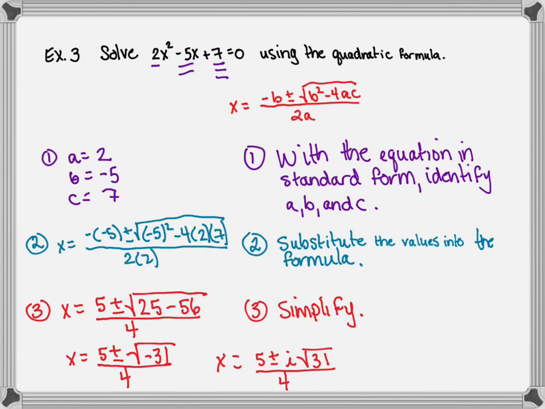We have 5 plus or minus i square root of 31 all over 4. And we could keep it like this, but with complex numbers, it's best to actually put it in proper complex number format. So I will separate my terms into 5/4 plus or minus the square root of 31 over 4 times i. And again, those are my two solutions.